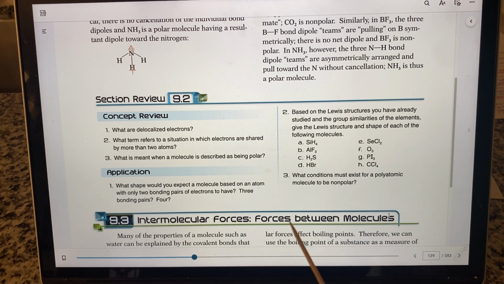So they're all going to have to be the same, like a bunch of carbon and hydrogen molecules all the same. They're going to all have to be the same and be symmetrical to be non-polar. Otherwise they would be polar, it'd have a positive and negative. But for a polyatomic molecule, they all have to be symmetrical, basically in a line, which a lot of them are.